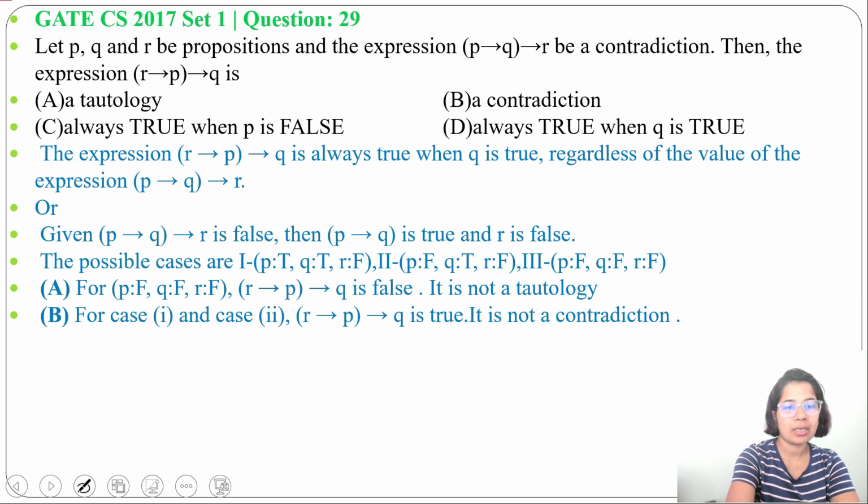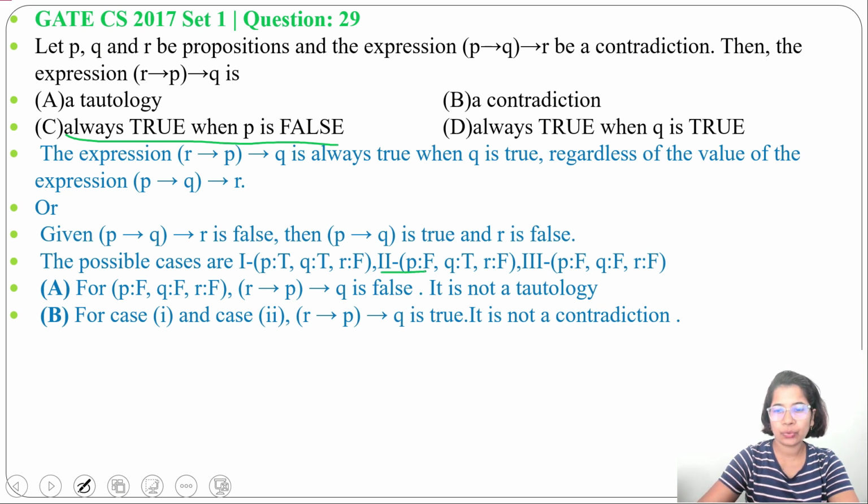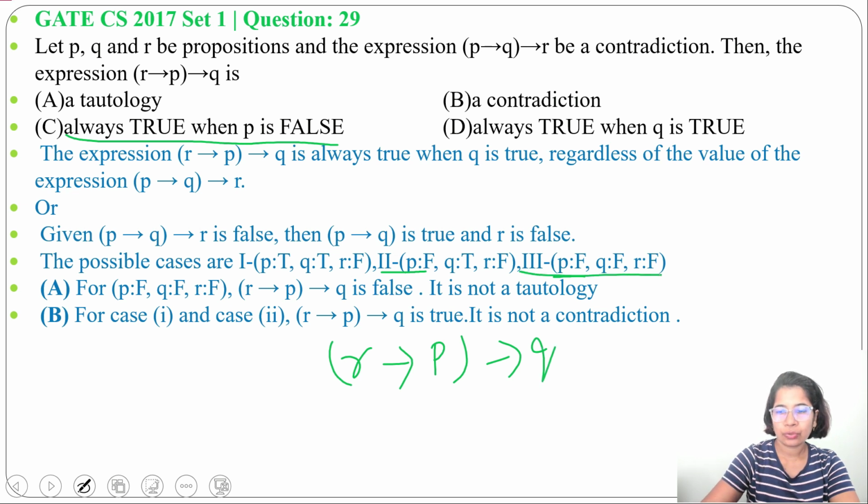Next, option C, always true when P is false. In case 2 and case 3, P is false. Now check R implies P, whole implies Q. Now I'm checking case 3. So R is false, P is false, Q is false. False implies false, it's true.